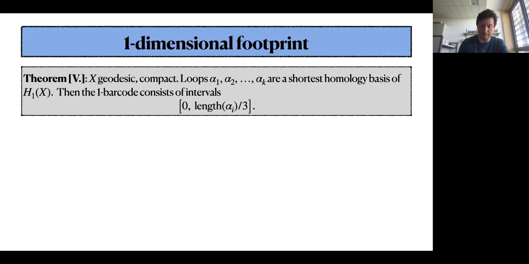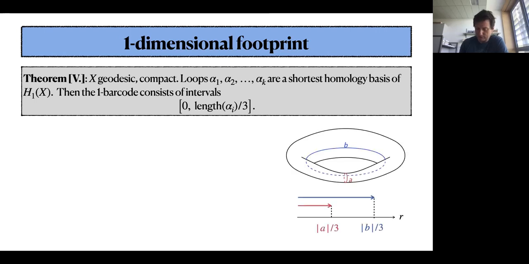In such a case, if you have a finite shortest homology basis, which happens for semi-locally simply connected spaces, so in practice almost all the time in TDA, then the one-dimensional barcode consists of intervals from 0 to one third of the lengths of these generators. Each bar corresponds to one generator. They're all born at 0, and their death times tell you one third of the length of that generator.